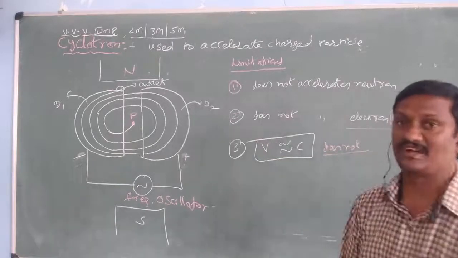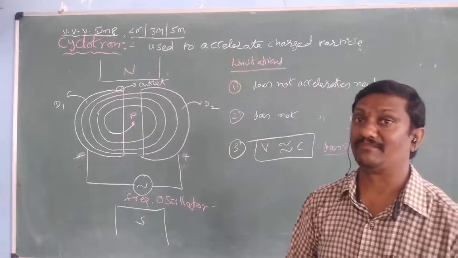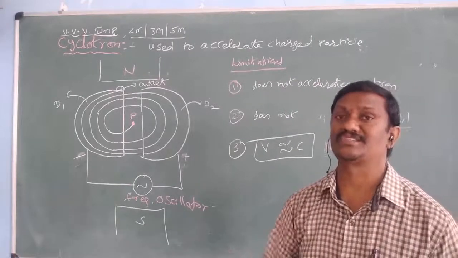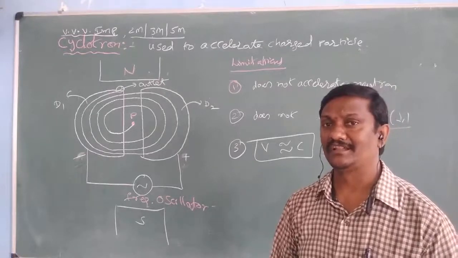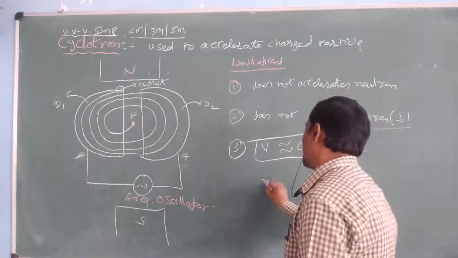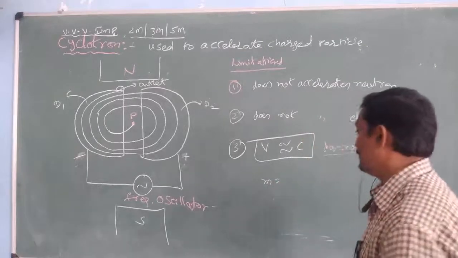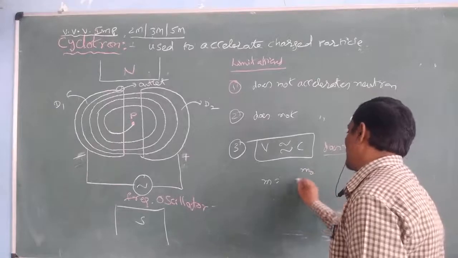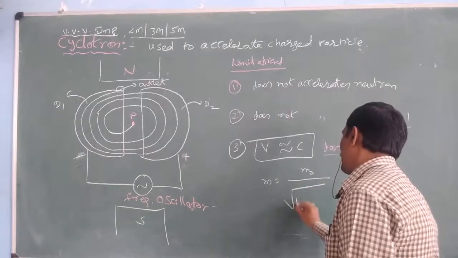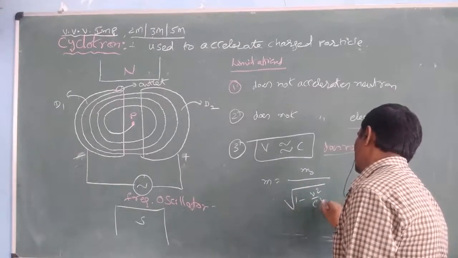Because with increasing velocity, the mass of the charged particle increases. That is based on Einstein's relativistic mass theory: m is equal to m0 by square root of 1 minus v square by c square.